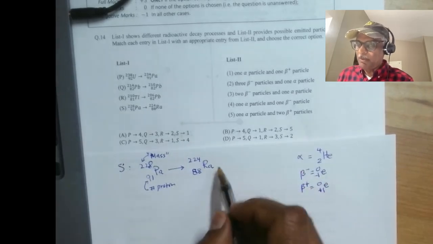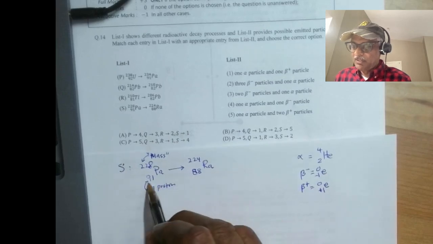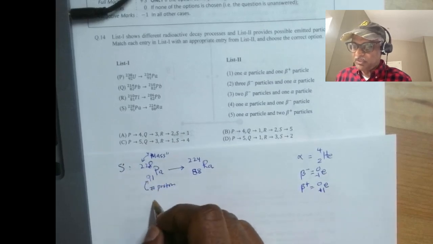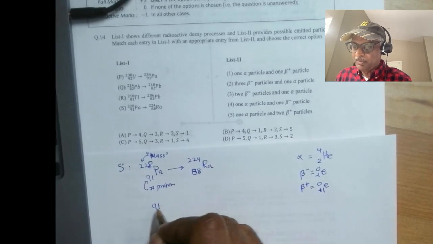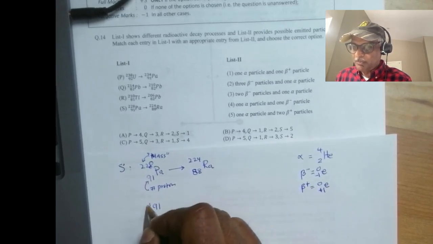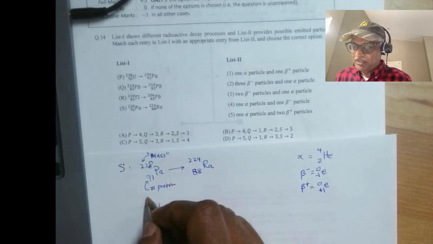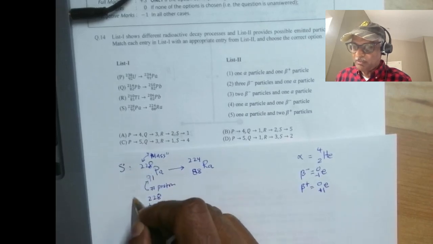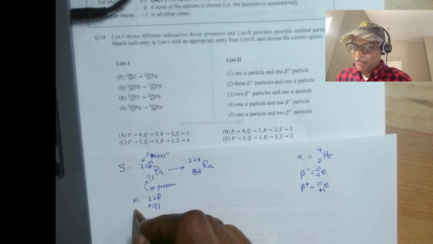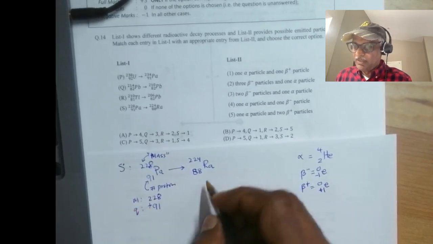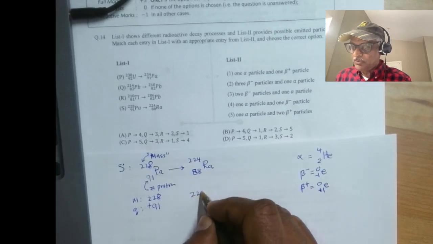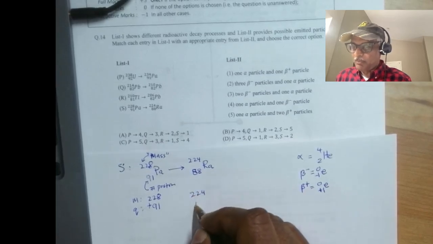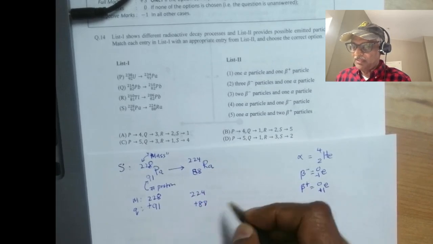So I need to have 91 on this side, plus the type of 91, and the mass is 228. This is the mass, and this is the charge. On this side is 224, and I have a plus 88.